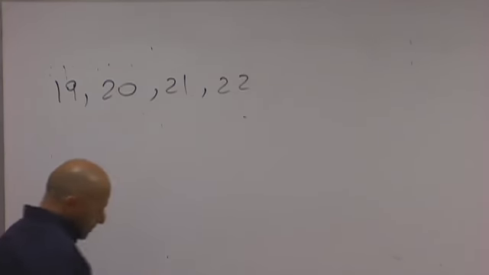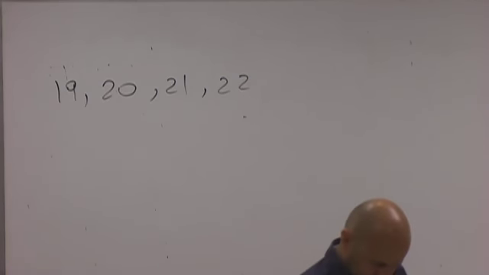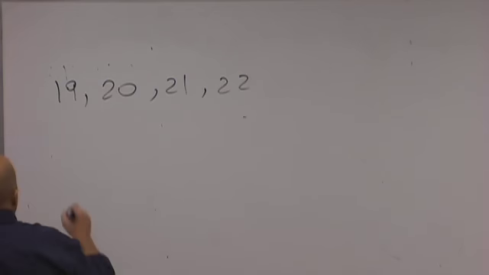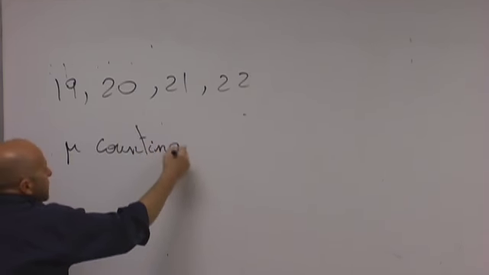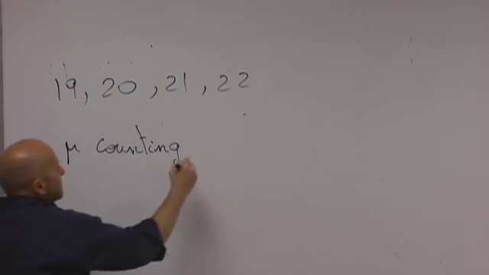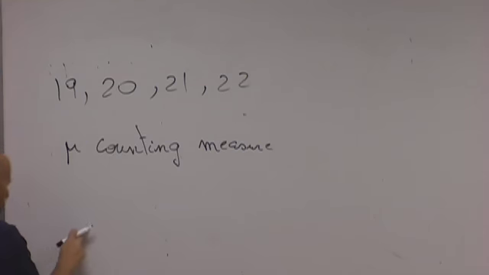So 22 is about the counting measure. You want to apply this thing to a counting measure. Remember, counting, you just count the points in your set. And actually that's the first thing you should do.